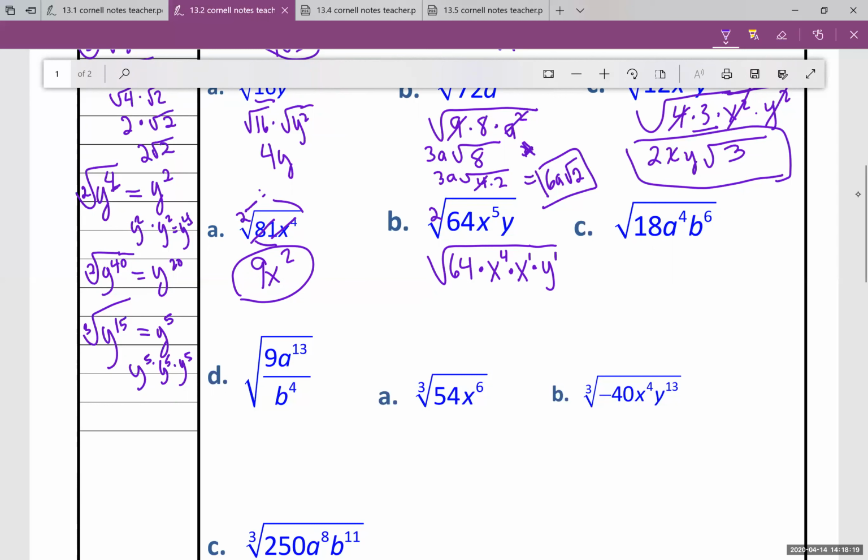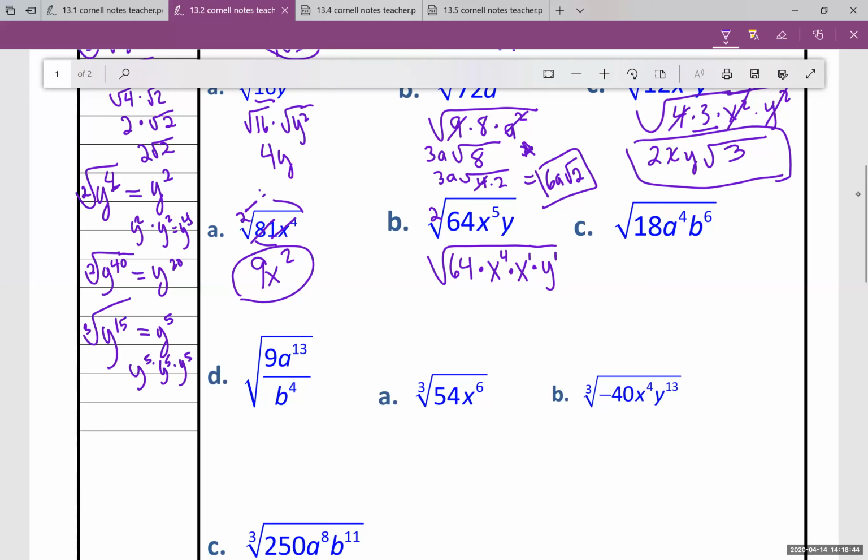Let's see if I can explain to you why. Now, I could not take the square root of x to the 5th because 5 is not divisible by 2 evenly. But look how I chose to rewrite x to the 5th. X to the 4th times x to the 1 is x to the 5th, isn't it? So I haven't messed with the integrity of the problem here.